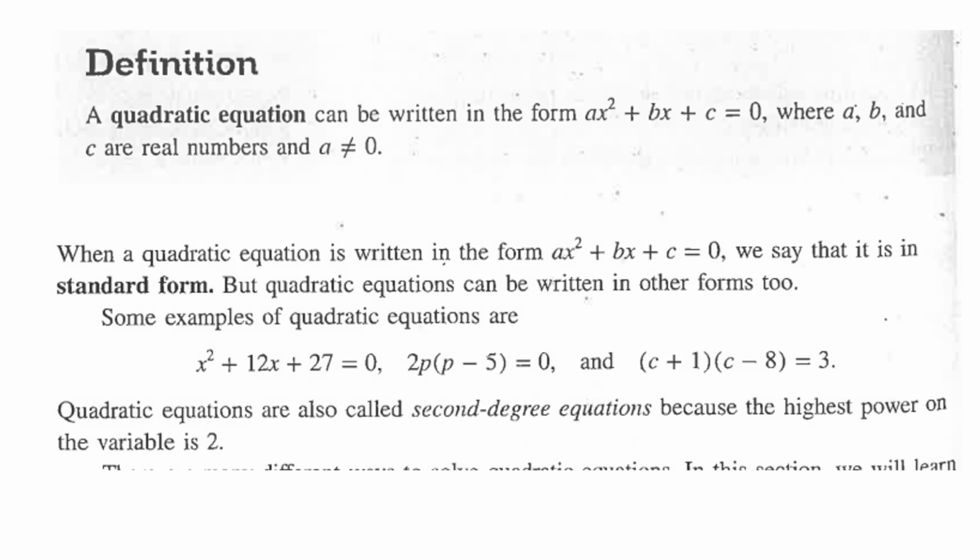When a quadratic equation is written in the form ax squared plus bx plus c equals 0, we say that it is in standard form. Quadratic equations are also called second-degree equations because the highest power on the variable is 2.